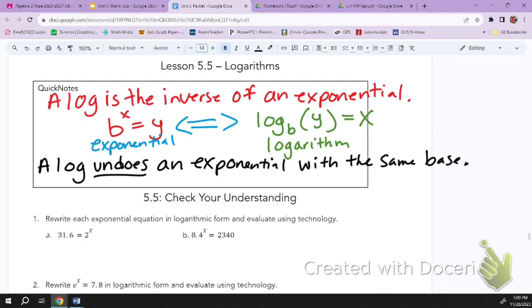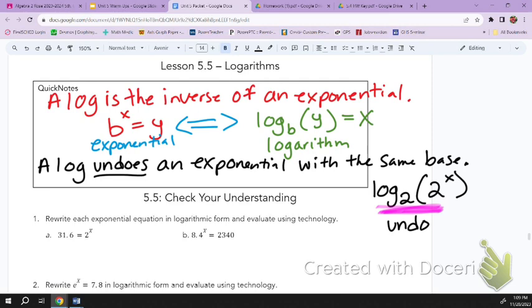So, for example, if I have log base 2 of 2 to the x, these two things undo each other. And I'd be left with what? Log base 2 of 2 to the exponent of x. I'd be left with just x.